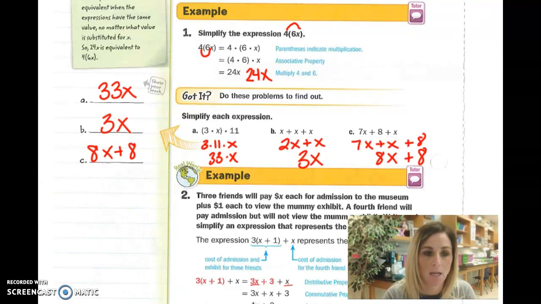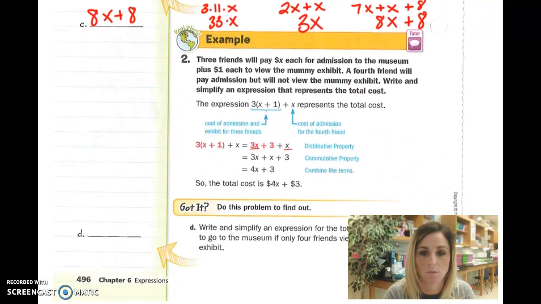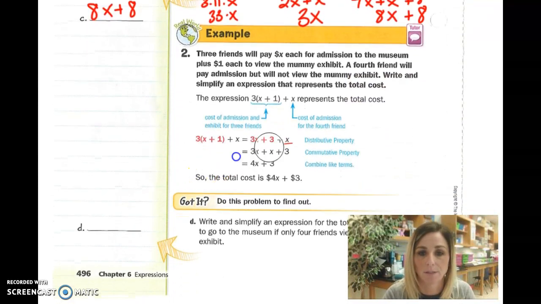Okay, let's take a look at this real world problem down here. It says 3 friends will pay x dollars for admission to the museum plus $1 to view the mummy exhibit. A fourth friend will pay admission but will not view the mummy exhibit. Write and simplify an expression that represents the total cost.